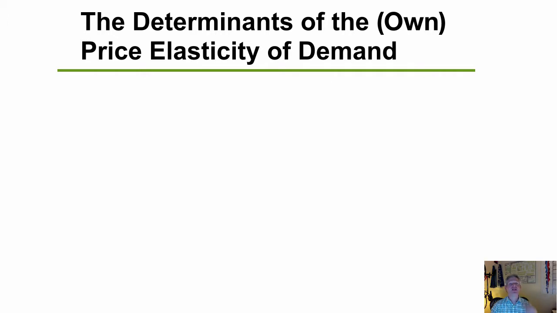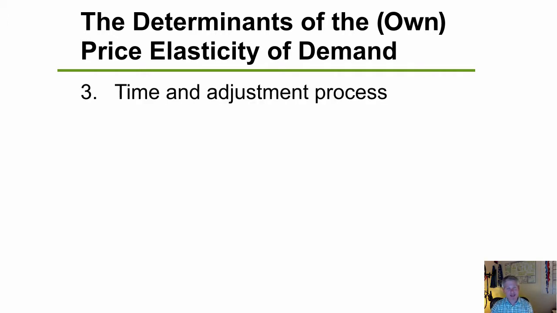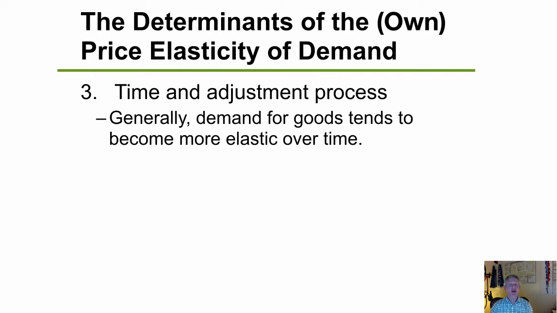What are some other determinants of the own price elasticity of demand? Well, the time and the adjustment process, how long it takes you to adjust your quantity demanded to the change in price. Generally, demand for goods tends to become more elastic over time. So if we're thinking about over the course of a year, what is your demand for something versus the course of a week?